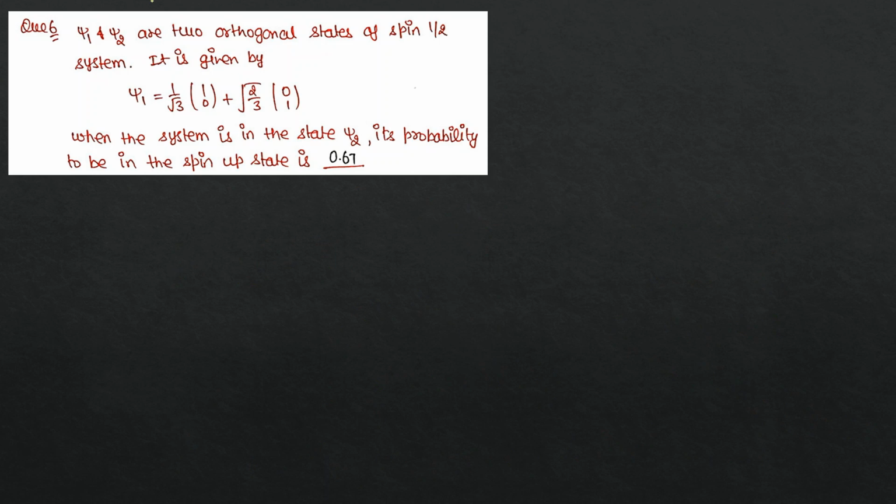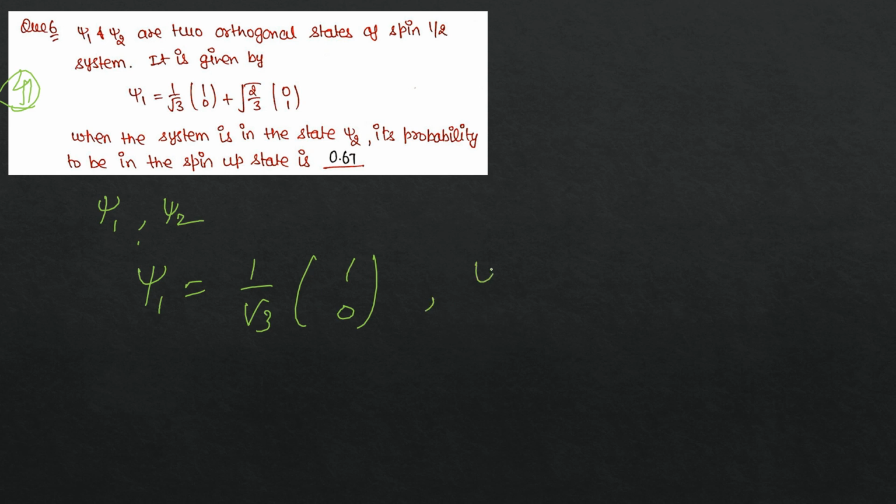Next question, question number 41. See, psi1 and psi2 are two orthogonal states of a spin half system.